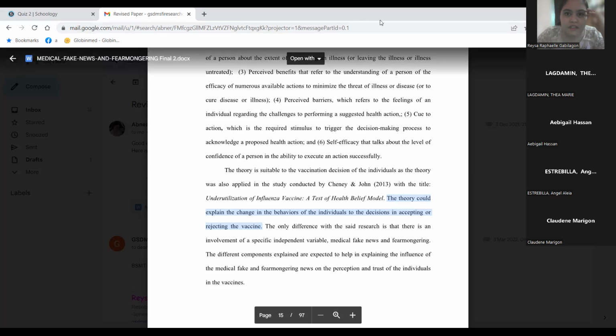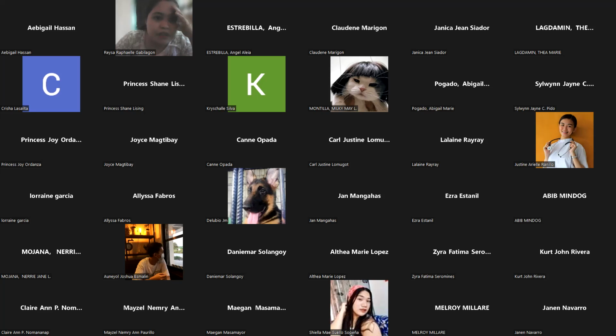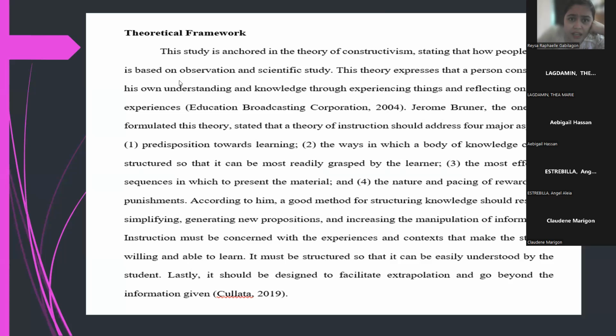Kasi yung mga belief sa mga fake news and fear mongering, magkakaroon ng effect yun doon sa decision nila whether to get the vaccine or not. So, binigyan talaga nila ng time yan na maghanap ng specific theory that will be suitable in their research. So, kayo din, kapag meron na kayong topic next time.